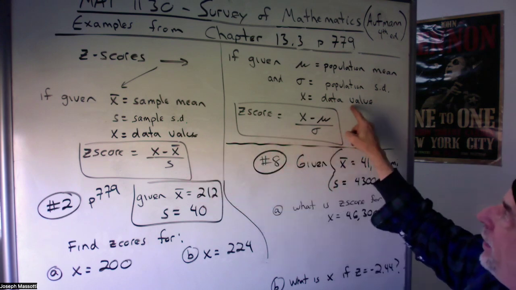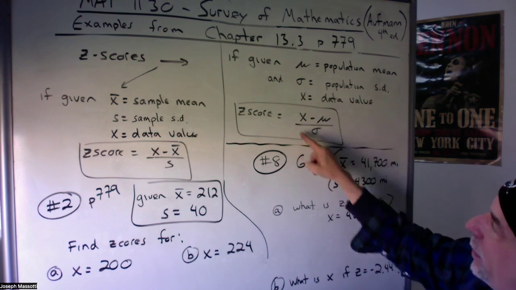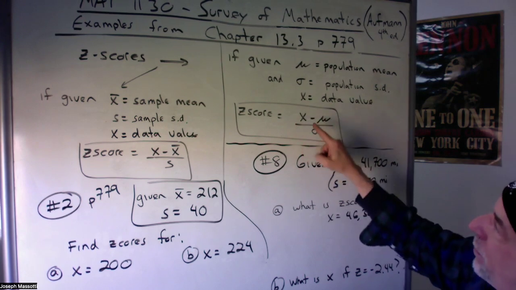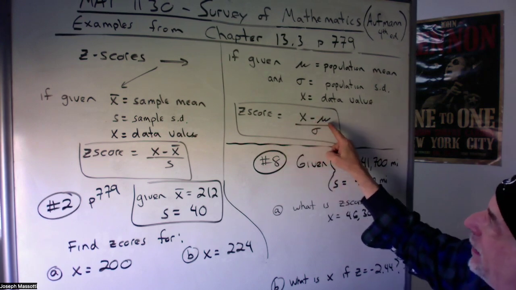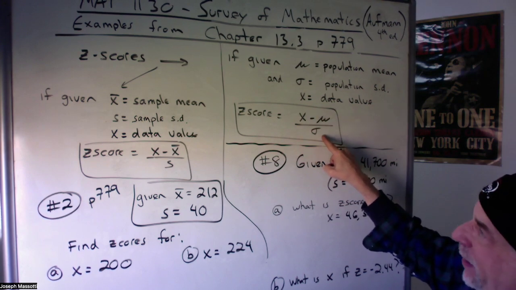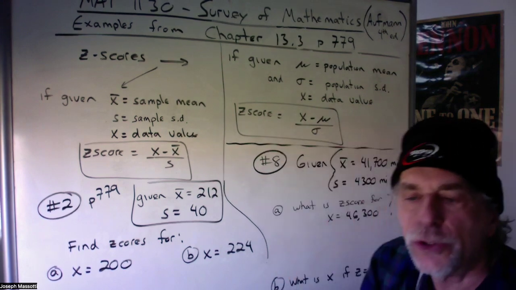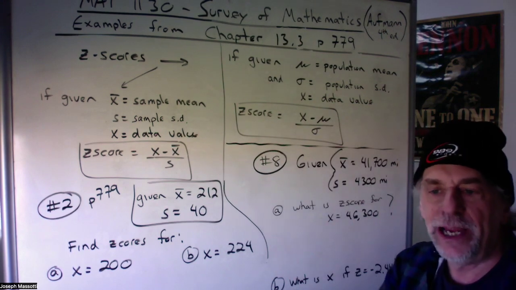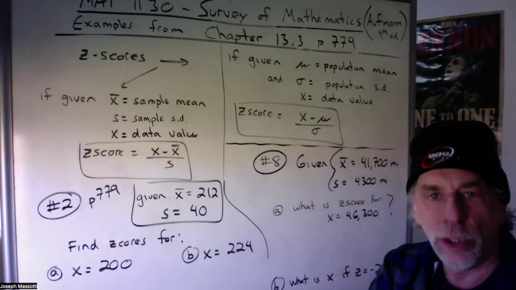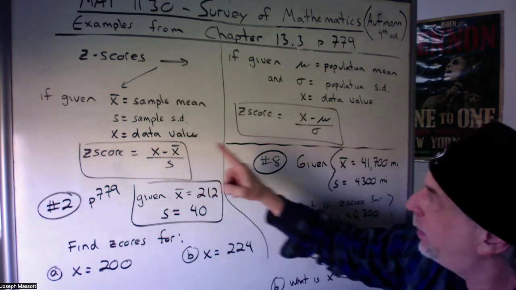So if you're given population data and an x value from that population, you're going to use this formula, but it's really the same, right? You're subtracting the mean from the data value and dividing by the standard deviation. Both formulas mean the same thing. Your z-score tells you how many standard deviations either above or below the mean your x value is.